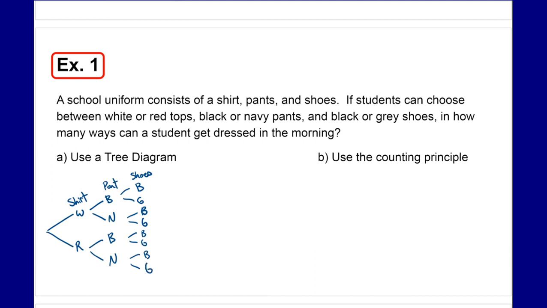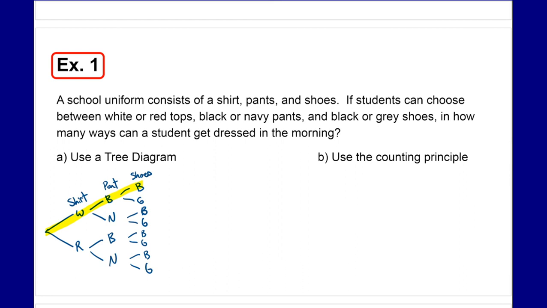So how many ways can they get dressed in the morning? Well, one of 2 ways. You can go through and count each pathway starting from the beginning. For example, this would be one pathway: white top, black pants, black shoes. You could do white top, black pants, gray shoes.